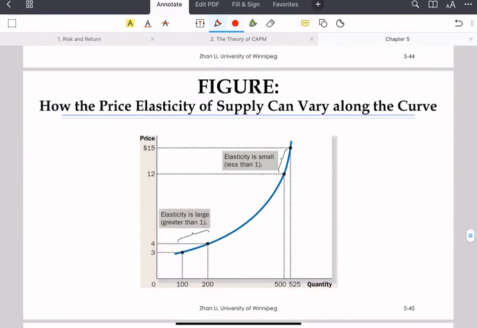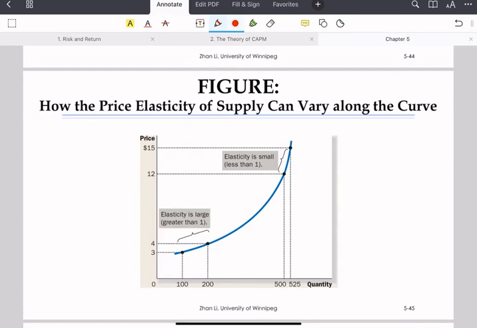So previously we learned about how the price elasticity of demand changes as we move along the demand curve, right? And we could also talk about the same topic about the supply curve.